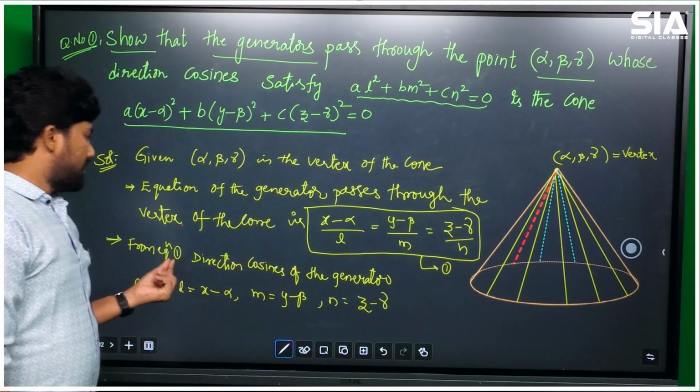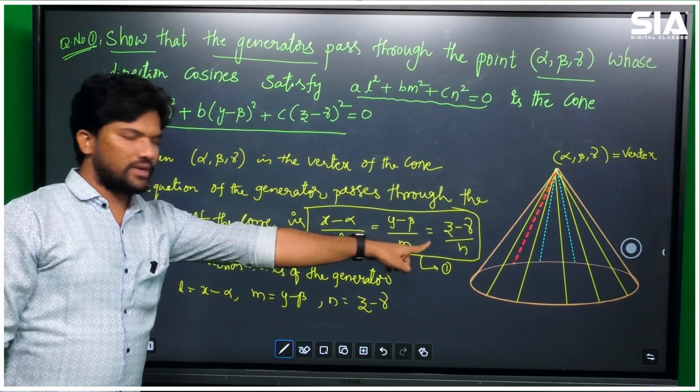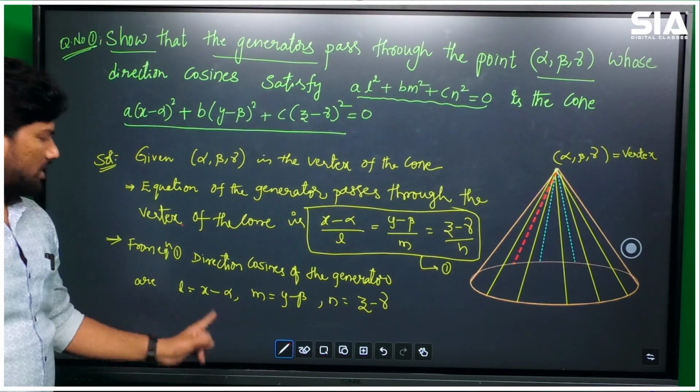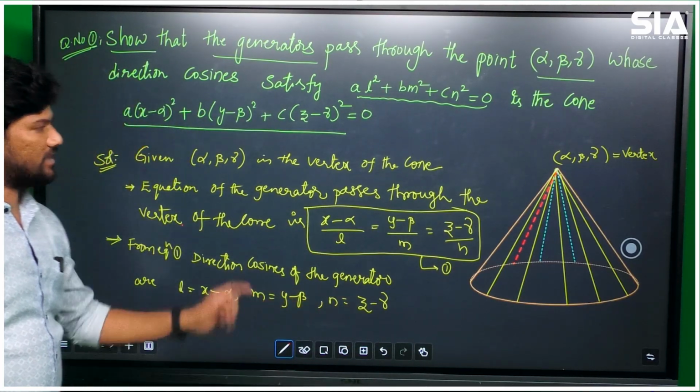These are the values. Now substitute these three values in the given condition.